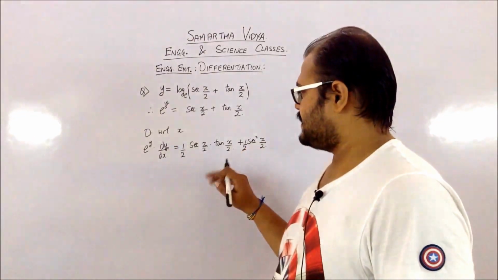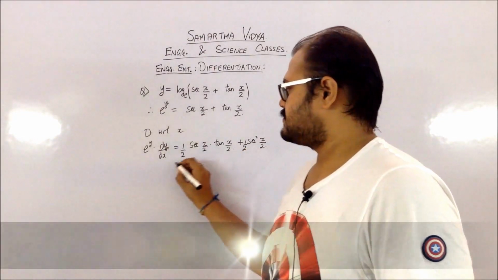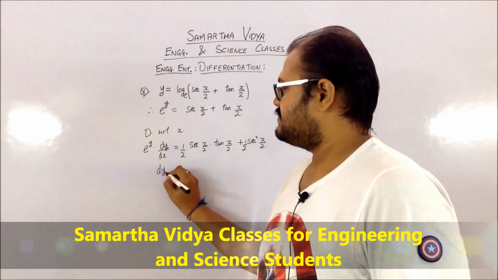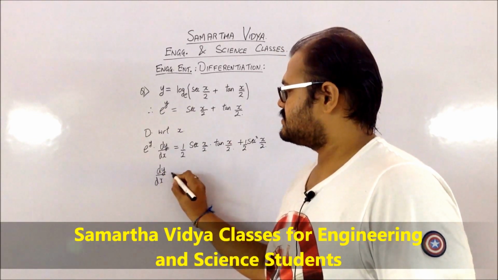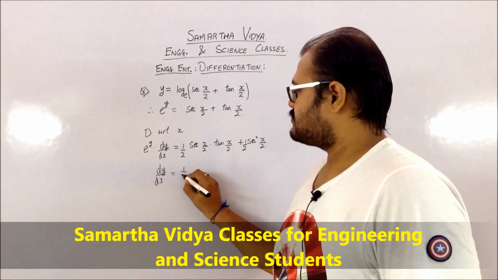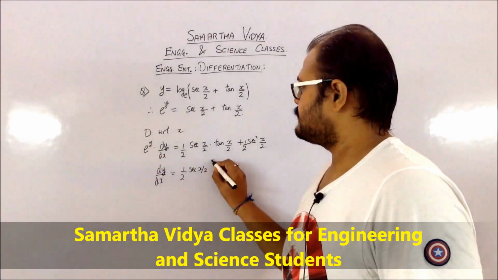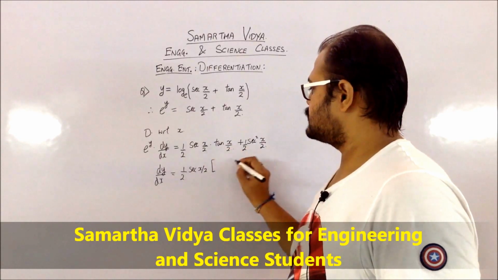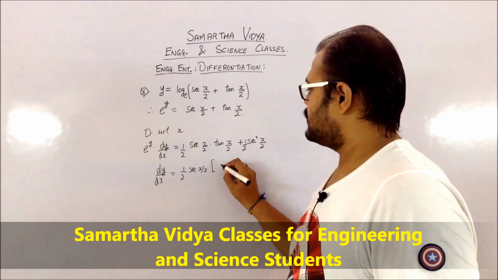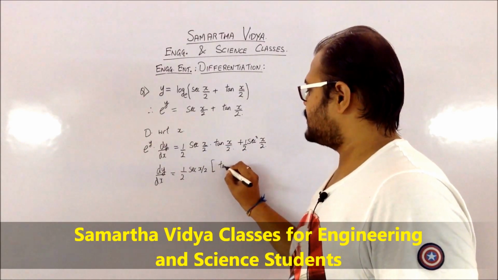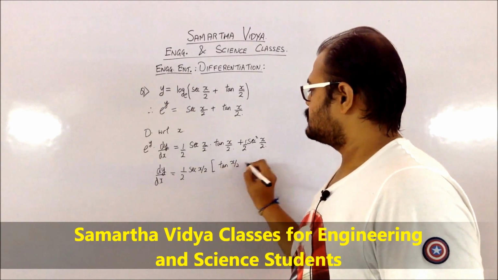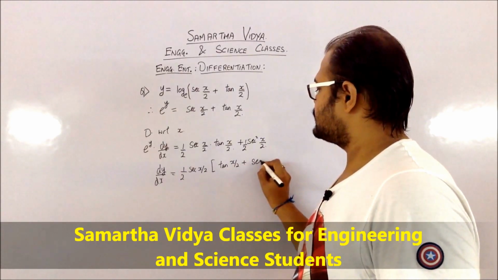So from this you can take the half sec x by 2 common. So you will be having your dy by dx is equal to half into sec x by 2, which is going to be common, into this particular term, which is nothing but your tan x by 2 plus sec x by 2.